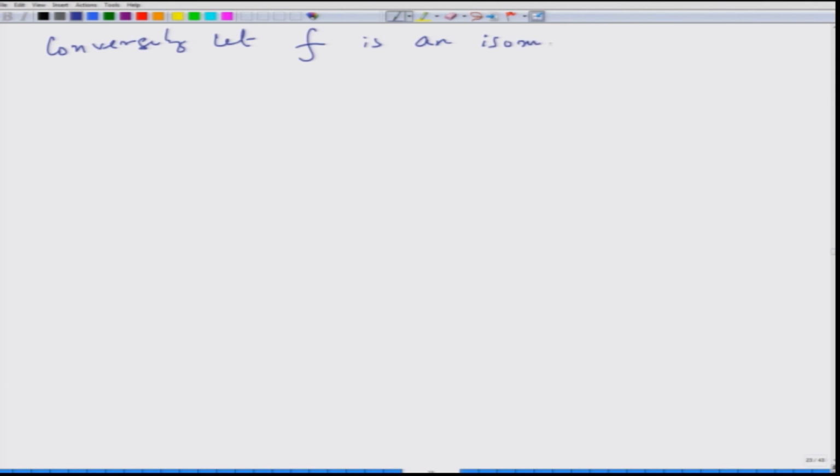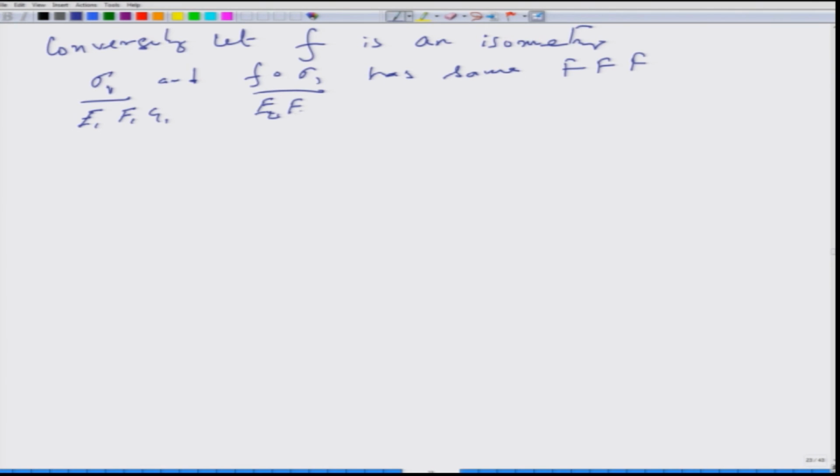What I have to show is that sigma 1 and f composed with sigma 1 have the same FFF. Well, the FFF of sigma 1 we will denote by E1, F1, G1, and the other by E2, F2, G2.